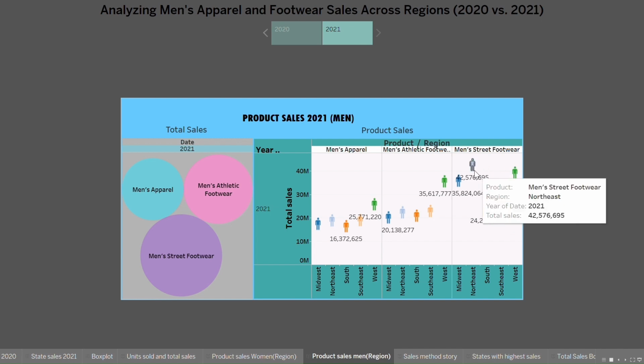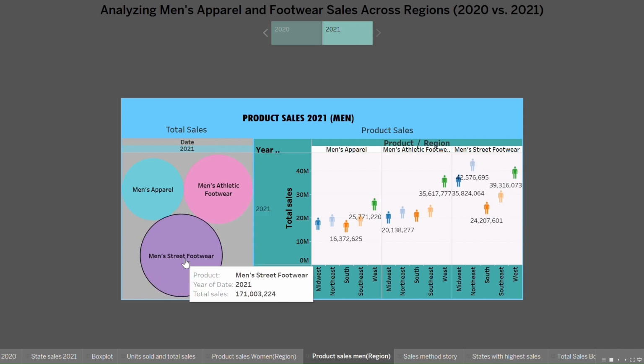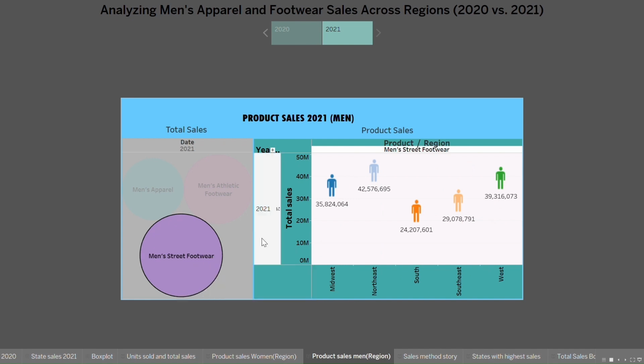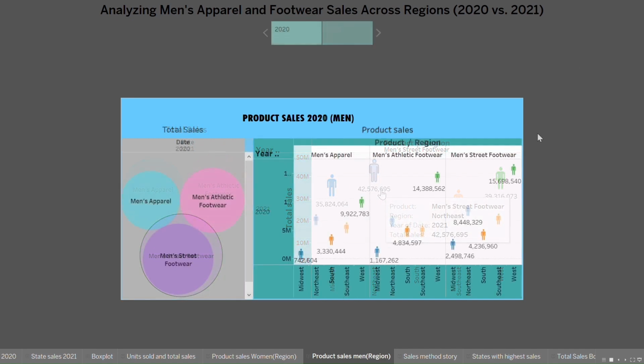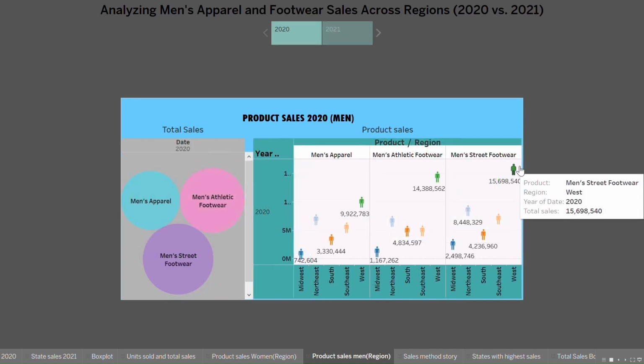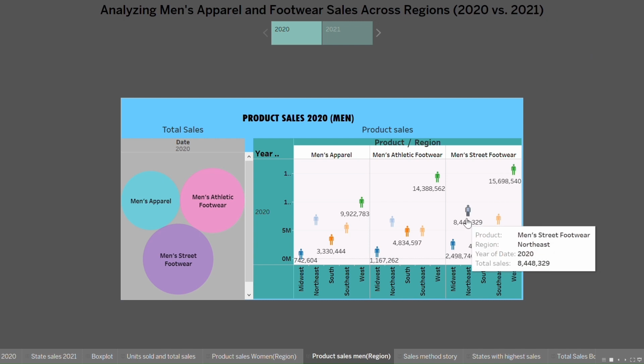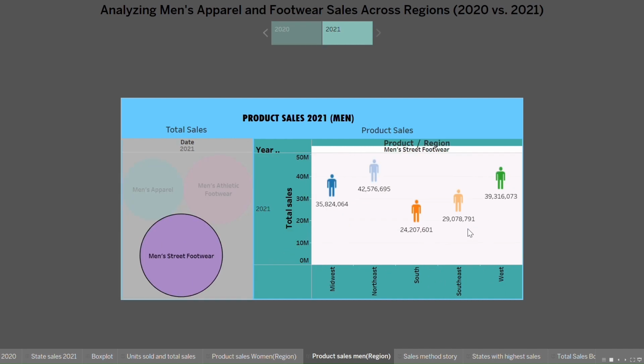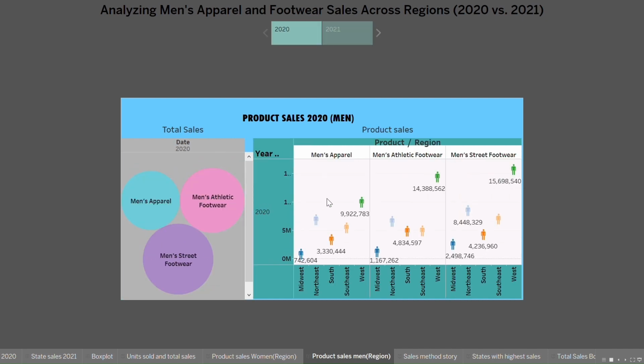And that's for the men's street footwear. So let's click on the men's street footwear so we can see them here. Yeah, so we can see the West sold 15 and the Northeast 8 million as compared to 42 and then 39.